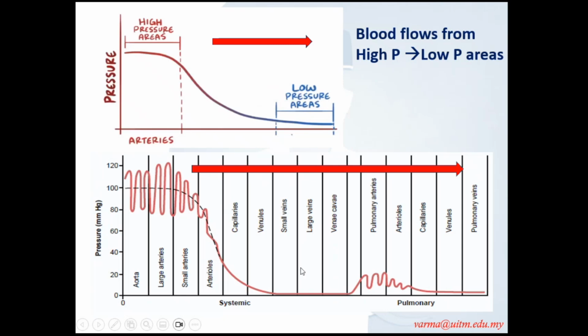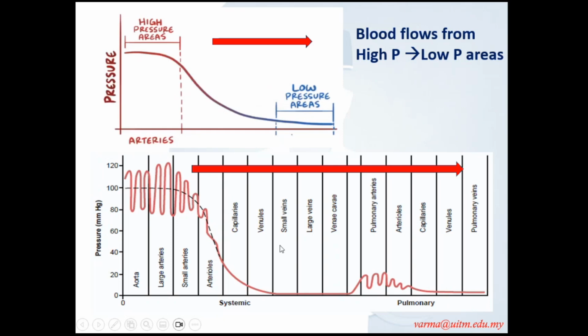So that is why the pressure in the blood system comes down from high to low. If you look from your aorta to your vena cava, the pressure difference is major. That's why the pressure is pushing your blood forward from your arterial system back to your heart as venous return.